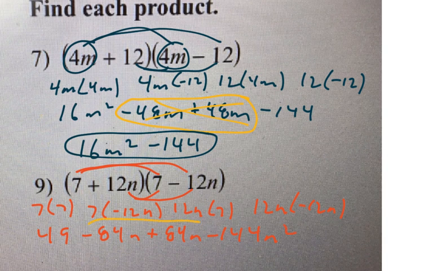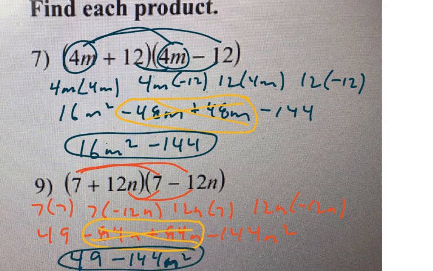Notice again, the middle cancels out. These are special cases that I definitely want to discuss with you over the next couple of days. Now, 84 minus 84 is 0. So notice my final answer here, guys, is 49 minus 144n squared. Okay?